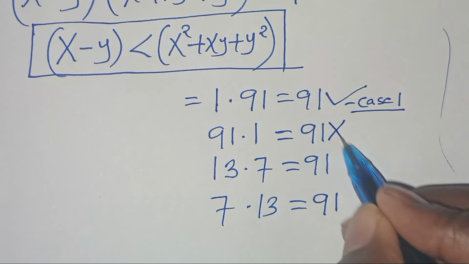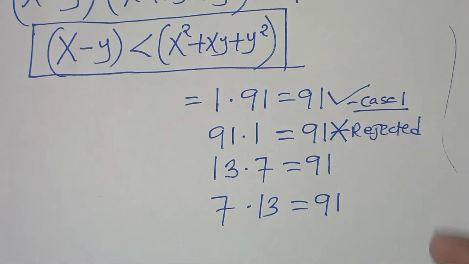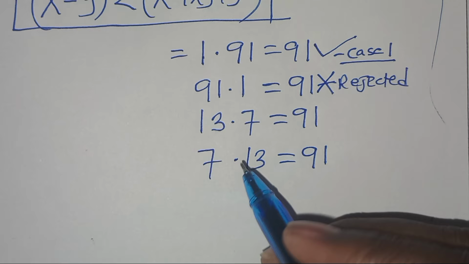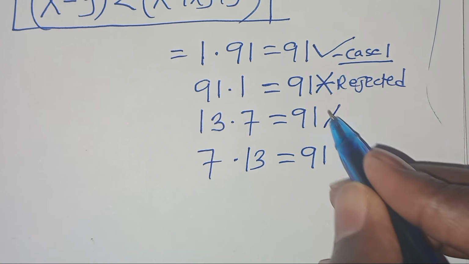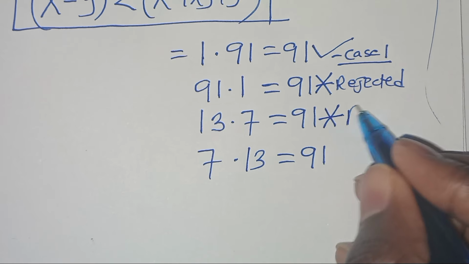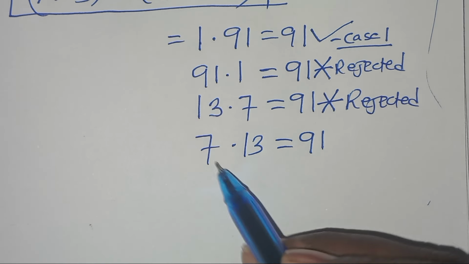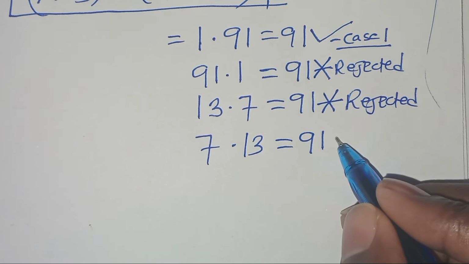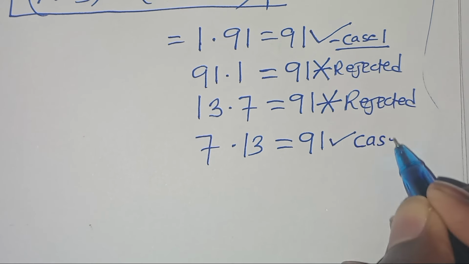This violates the condition, so this is rejected. Then we have that 13 here is greater than 7. This violates the condition here, so this is also rejected. And lastly, we have 7 is less than 13, and this actually satisfies the condition. Let's call this case 2.